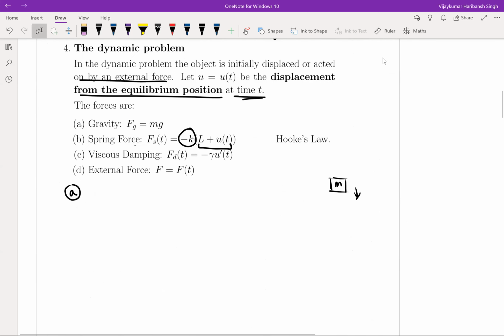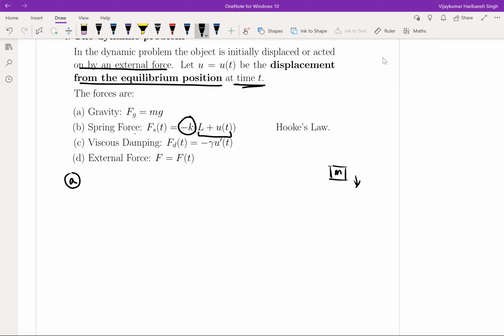Now, viscous damping. Normally viscous damping happens due to air friction. Viscous damping again is in the opposite direction. So normally due to air resistance or friction.